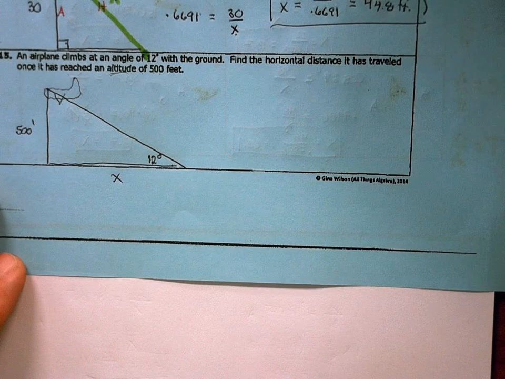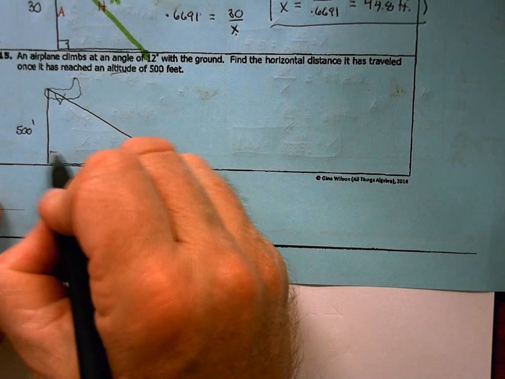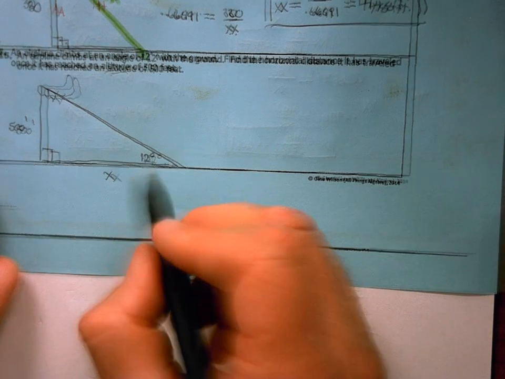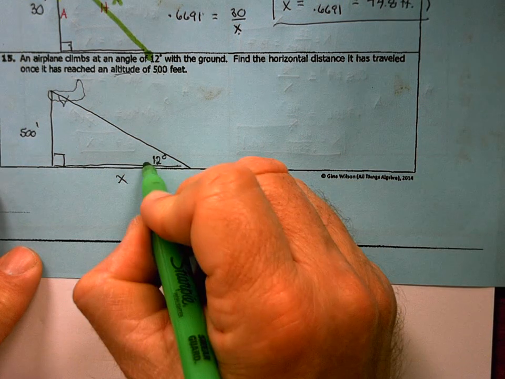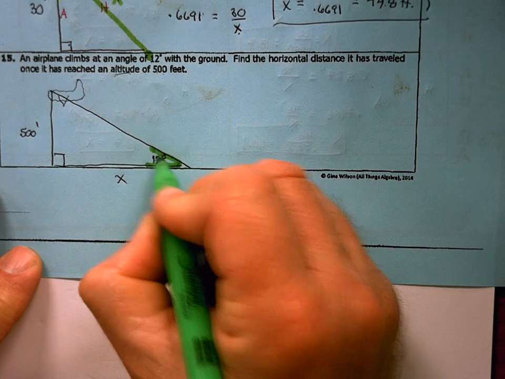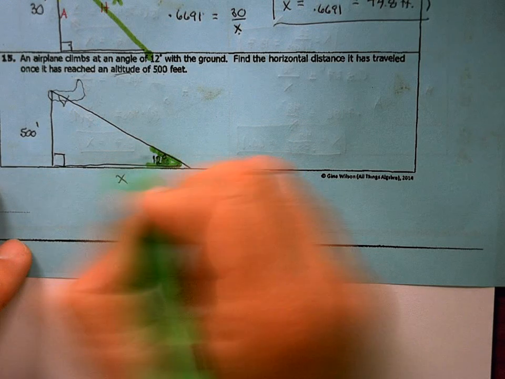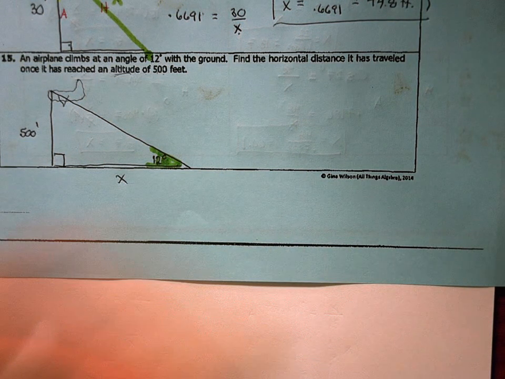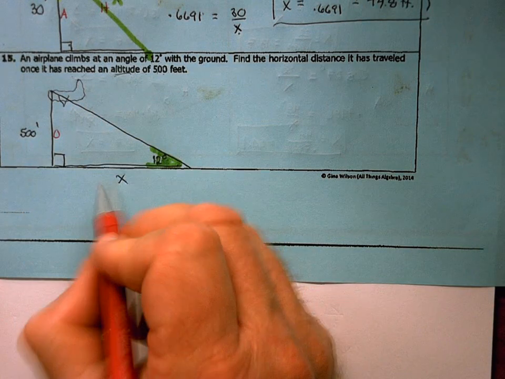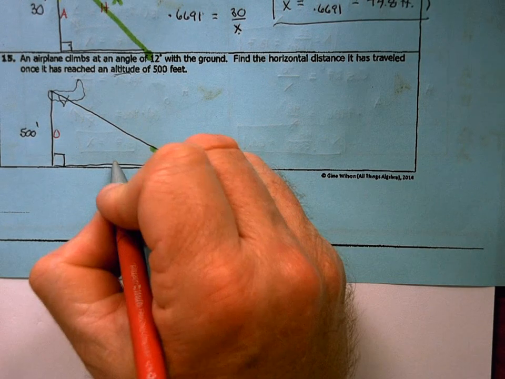So really, this is your problem right here. You create a right triangle with your picture, and now you're going to use sine, cosine, or tangent. Okay, 12 degrees is going to be your reference angle. We call that the theta angle. And if you notice, 500 is a leg, and it is opposite the 12 degrees, so that's an opposite leg. I put an O there. Where x is, that's a leg, and that's the adjacent leg.